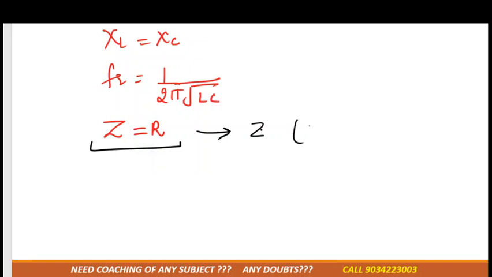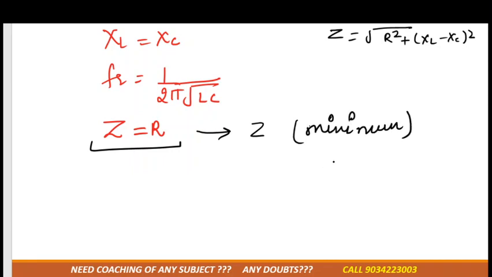Earlier the Z value was root of R square plus XL minus XC whole square, but now Z is reduced to R. So in resonance, Z is minimum, which means the resistance is minimum.